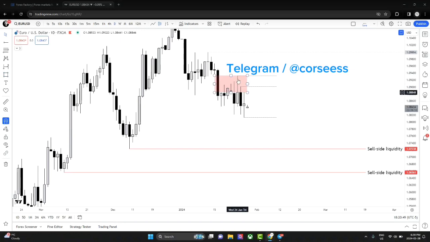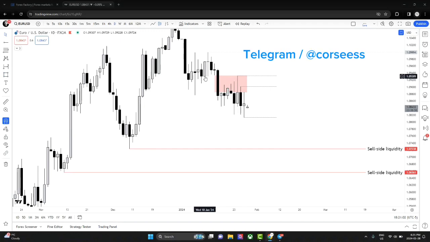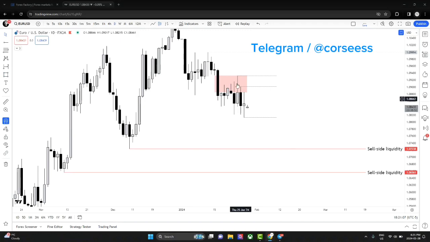And price did that. Almost closed the gap completely, but there's a small space left, straight into the opening of this bearish order block right here, which is right on time. And then it fell on the day that I was looking for it to do so. When was that? Wednesday, right?